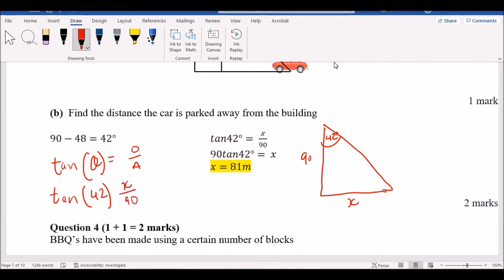And in working that out, move that 90 here, becomes 90 times tan 42, which is what we have here. So if you're copying the working out, please copy this one, because this is correct. And then x equals 81 meters. I'm hoping you're not just copying though, just hopefully you understand what's happening.